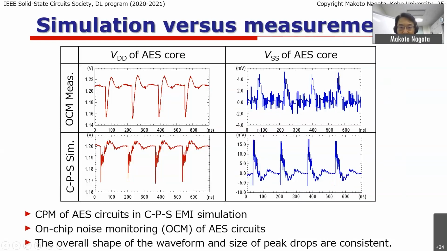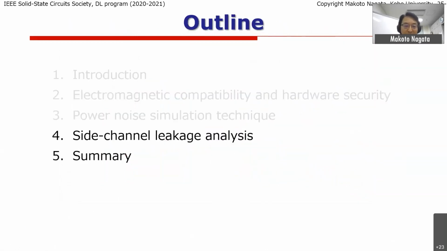Of course, there are some differences, especially in the VSS case in this particular example. I would say the silicon substrate model is not well calibrated. But anyway, that is the idea of how consistency can be checked by using the on-chip monitor and the simulation using the chip package system connected model.